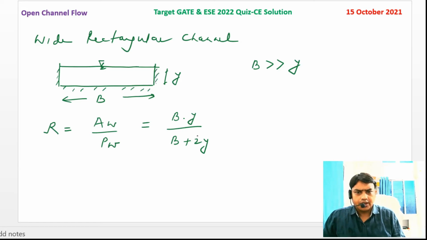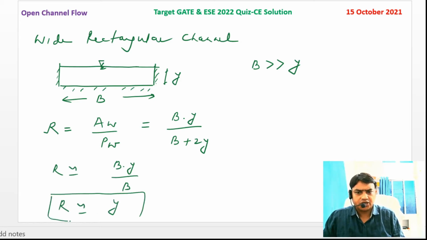As I told you, in a wide rectangular channel the width is much greater than the depth of flow, so B is much greater than 2Y. So R can be written approximately as B into Y divided by B. So the hydraulic radius is equal to the normal depth of flow in the case of a wide rectangular channel.